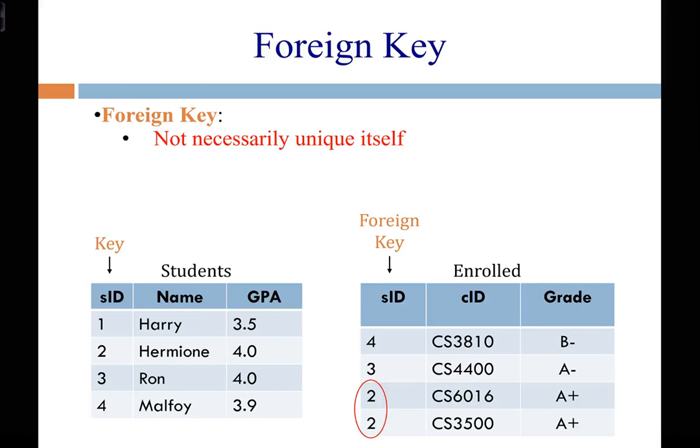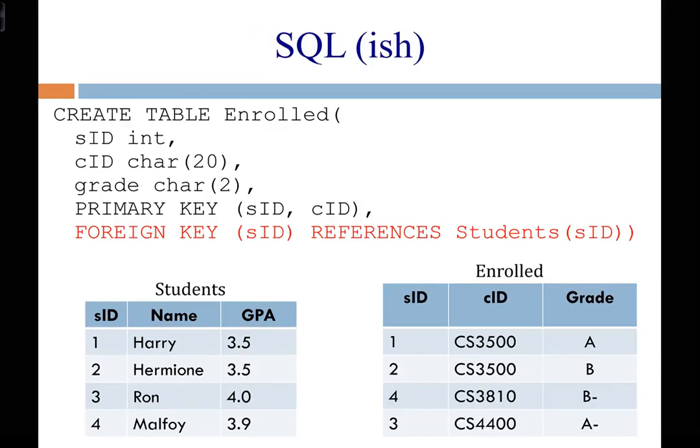What this means is, if a number shows up here in the enrolled SID column, it has to show up in the student's SID column. That's what I'm specifying by saying it's a foreign key. So I'm going to give you a little snippet of pseudo SQL.